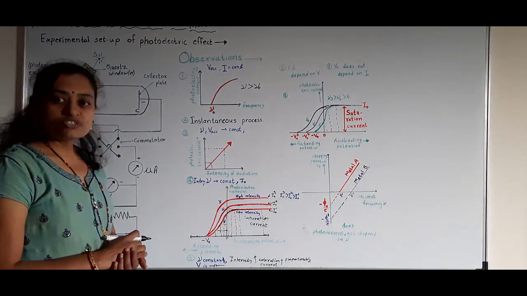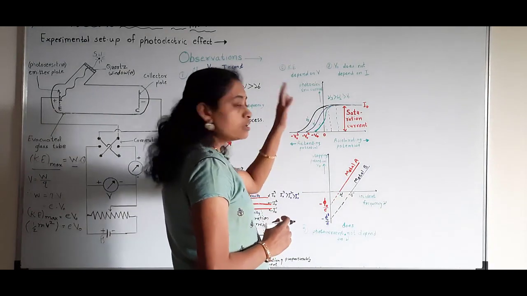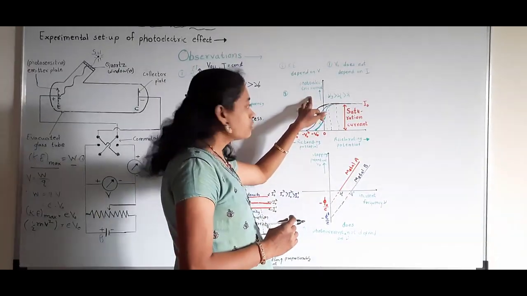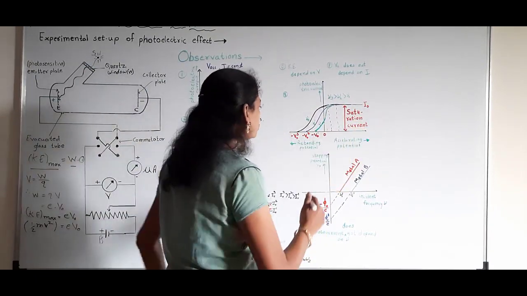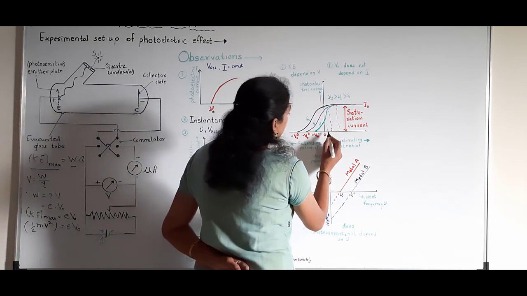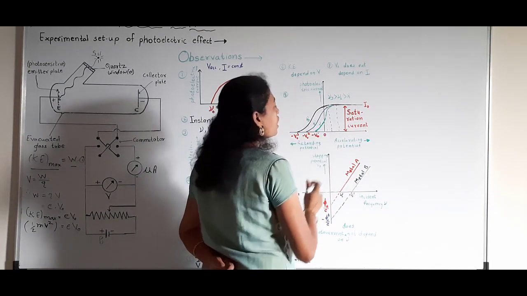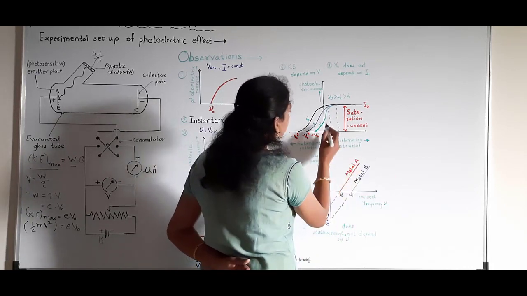Now, we observe the next point. In that, we study the photoelectric current by considering intensity constant. Now see, at potential 0 there is some current. As we go on increasing the accelerating potential, what happened?